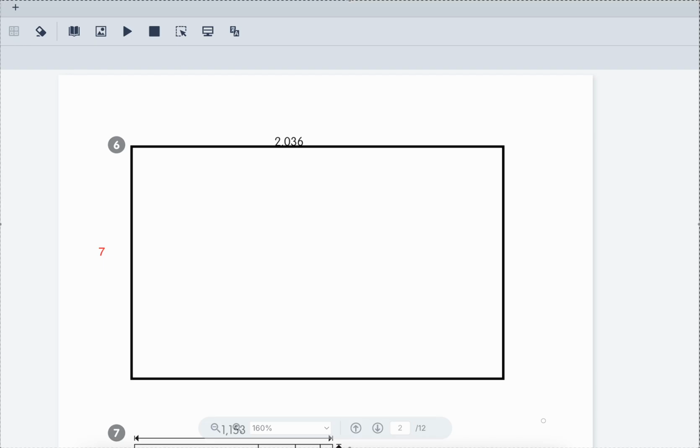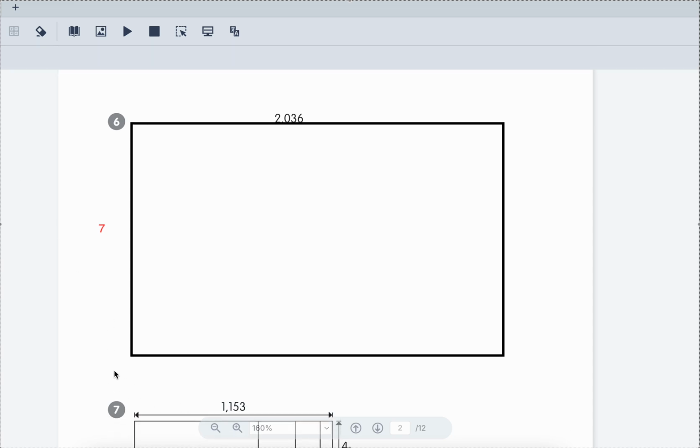The problem is 2,036. We're going to break that into expanded form. Okay, and I'm going to do that over here. 2,000, there's no hundreds, so then we go to tens, plus 30 plus 6.